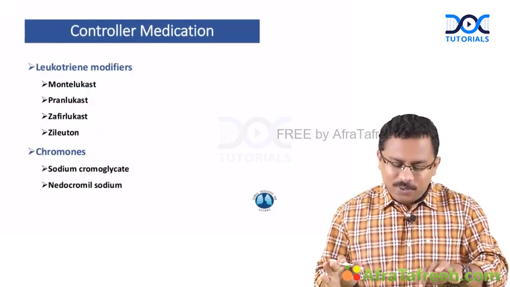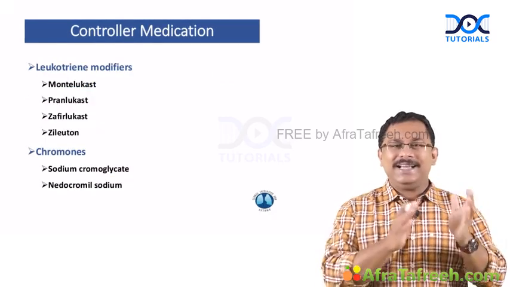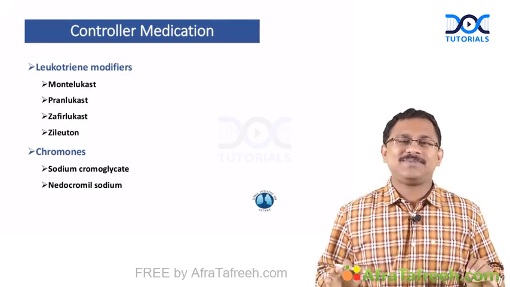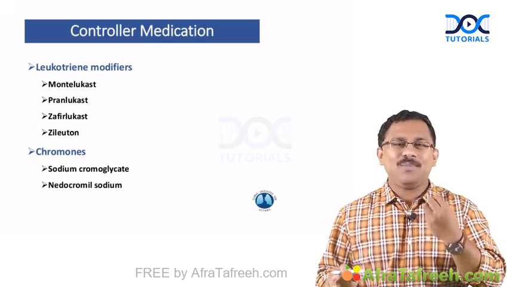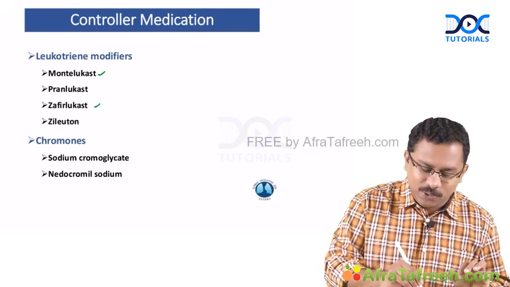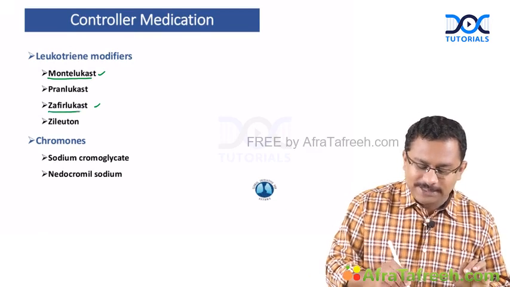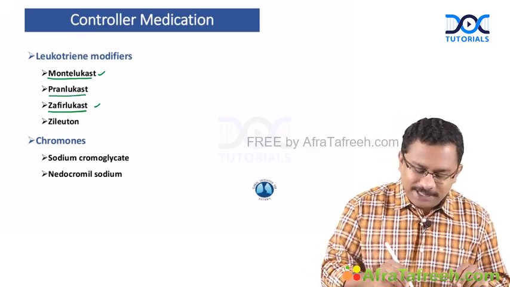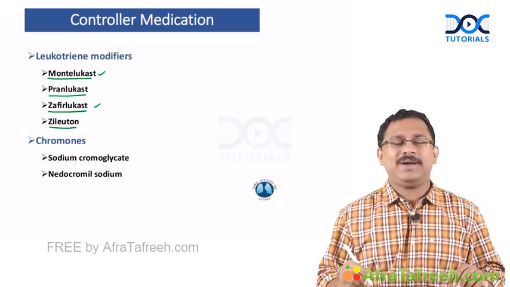Now, after controller medications of the ICS-LABA, let's move on to the leukotriene modifiers. The two common ones that you know of are montelukast and zafirlukast. In addition to that, pranlukast as well as zileuton.